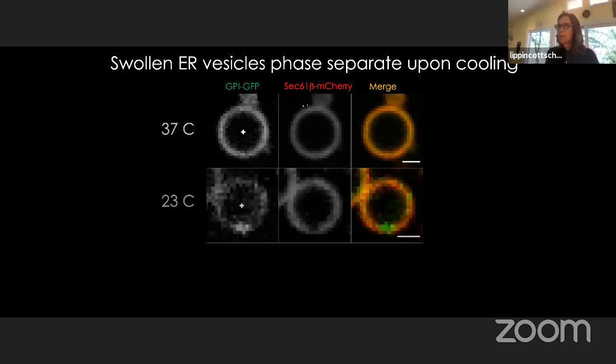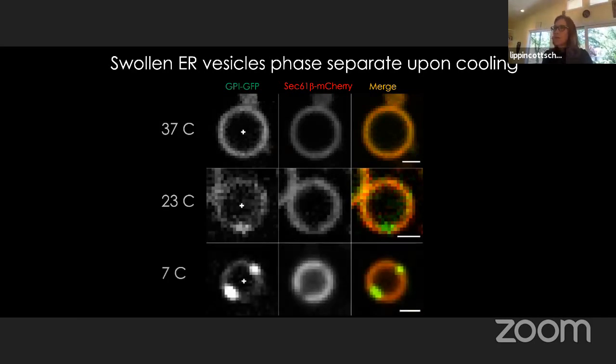Now, as we drop the temperature, we saw something very, very interesting. The GPI-anchored protein started phase separating away from the Sec61 protein at these low temperatures, suggesting that the low temperature could drive phase separation within these vesicles.